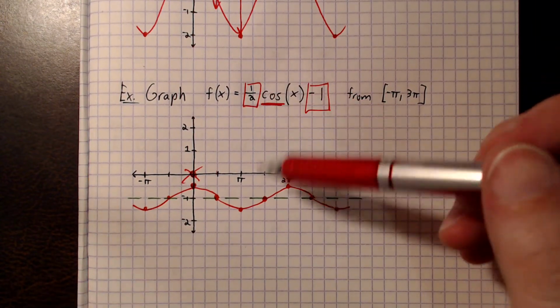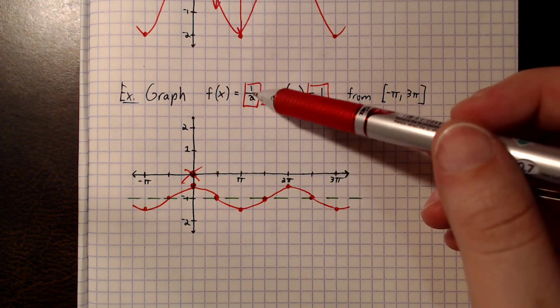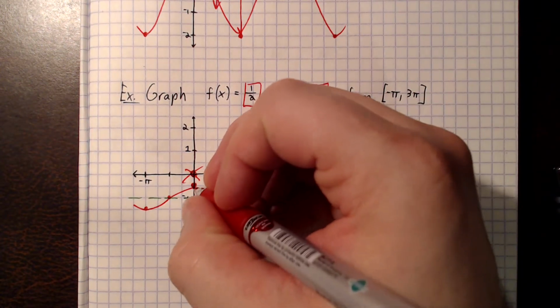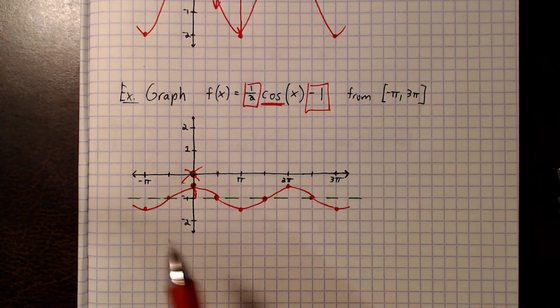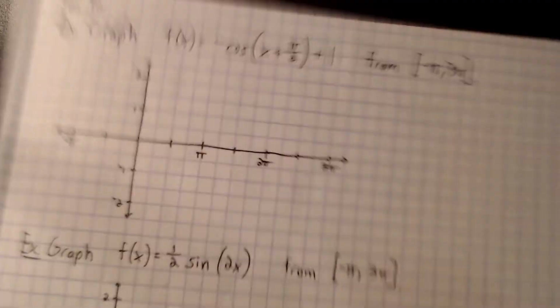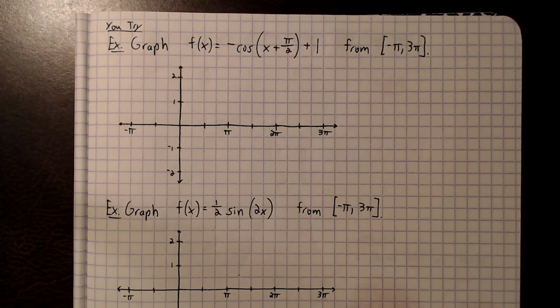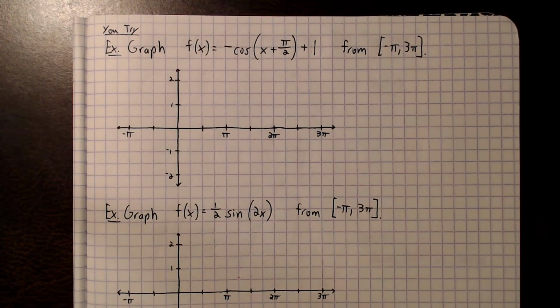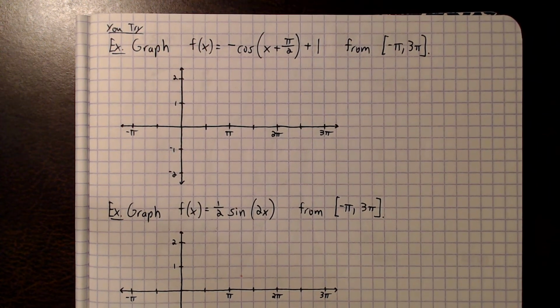We knew that cosine normally starts at 1, but we only wanted to be half the distance, so we dealt with that right away. Okay, and then we just kept on cosine's function. There were no horizontal shifts, so this worked out in our favor. So here's one for you to try. Pause the video, try it out, make an error or two if you have to, and we'll fix them in the end, just like we did last time.